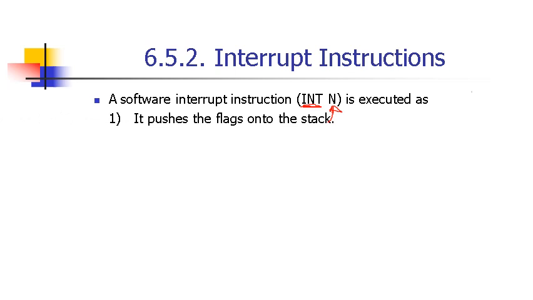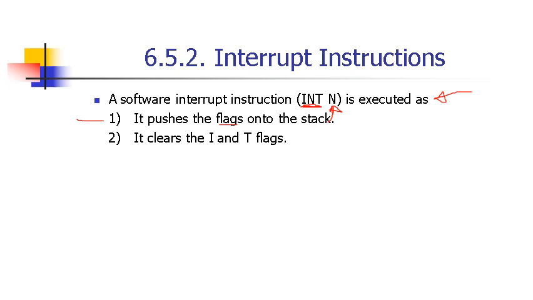Okay, and what this interrupt does is the following steps. First, it pushes your flags into the stack. So whatever your flag bits are, they are going to be stored into the stack.